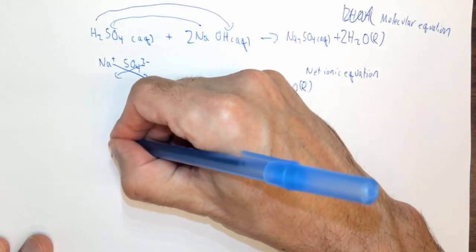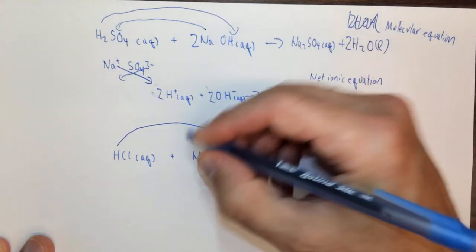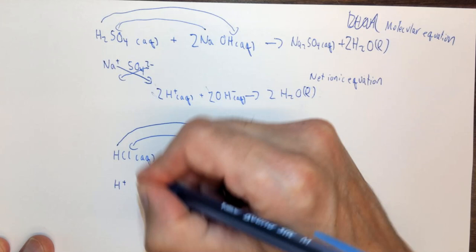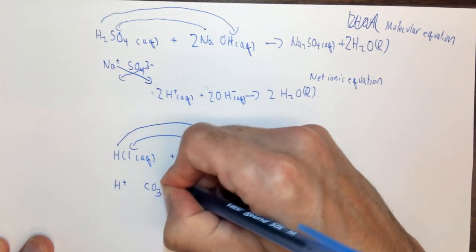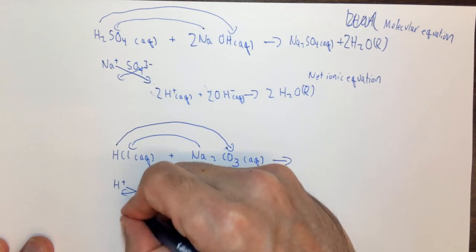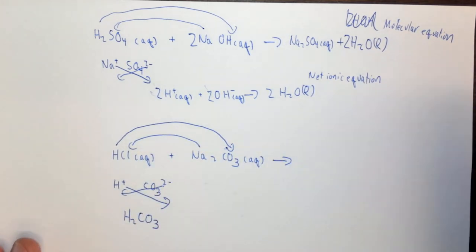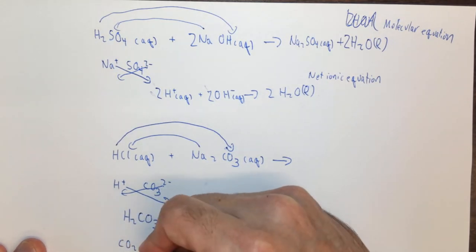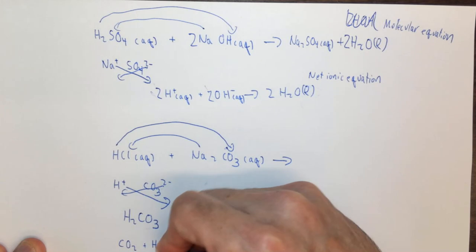In this case, H goes with CO3 and Na goes with Cl. So we have H plus and CO3 2 minus. We cross them, and what we get is H2CO3. Notice that H2CO3 is the same as CO2 plus H2O.